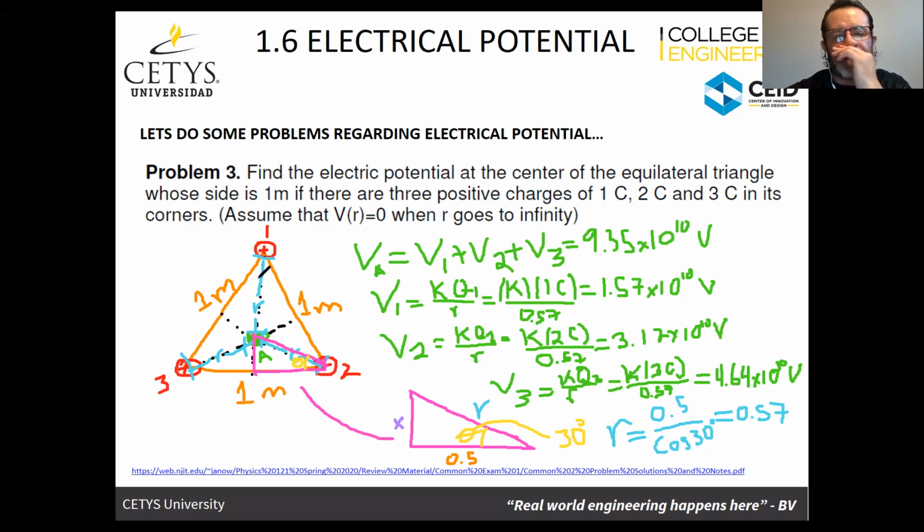If in this problem, any of the charges were of a different sign, okay, let me just save this. Let's say that instead of having 1 column, 2 columns, and 3 columns positive, we had 1 column that was positive, 2 columns that were negative, I'm sorry, and 3 columns that were positive.